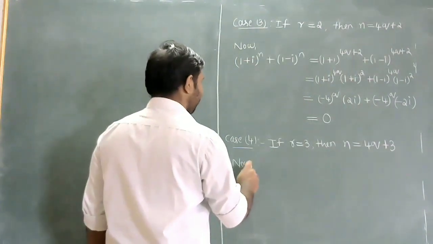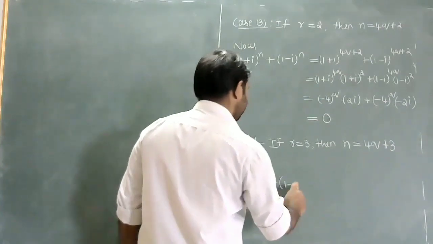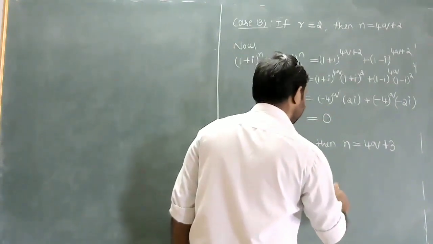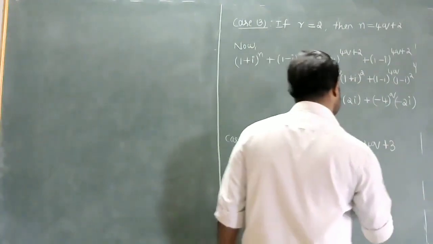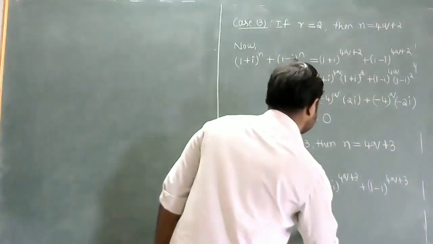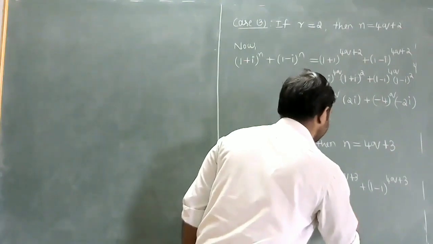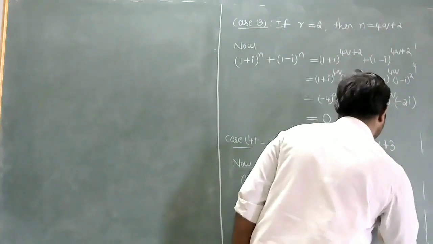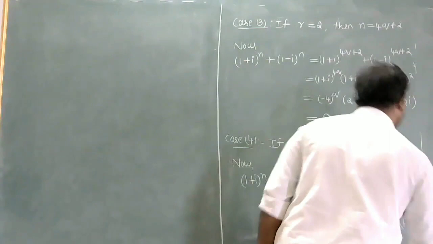In this case, (1 plus i)^n plus (1 minus i)^n will be (1 plus i)^(4q plus 3) plus (1 minus i)^(4q plus 3). So split the value: (1 plus i)^(4q) into (1 plus i)^3. Here (1 minus i)^(4q) into (1 minus i)^3.